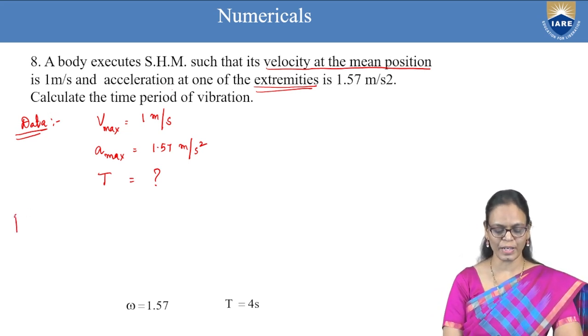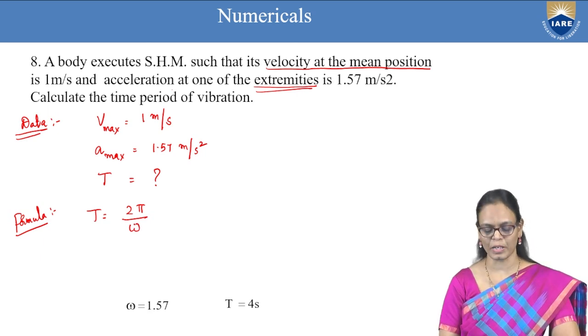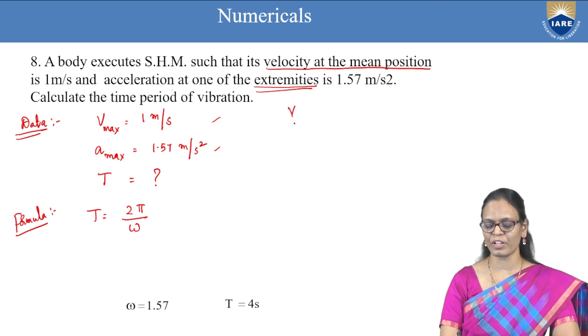So what are the formulae we have for time period? T is equal to 2 pi upon omega. This is the formula. We are not given the value of omega, so we have to deduce the value of omega from these two. So what is the formula for V max we have?